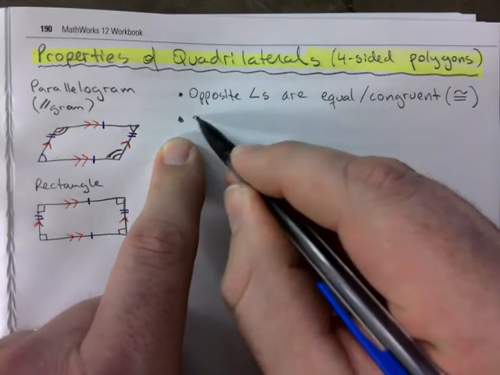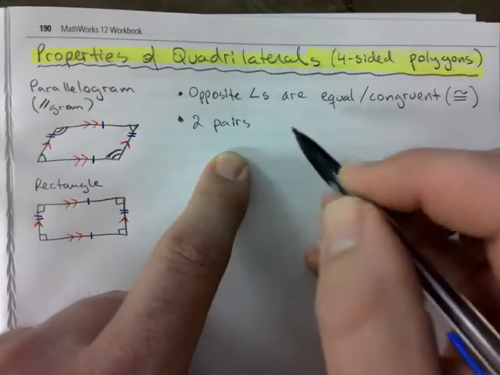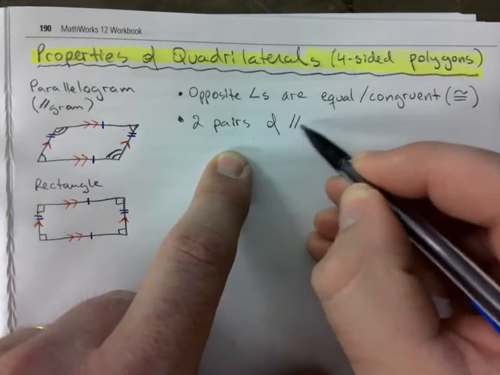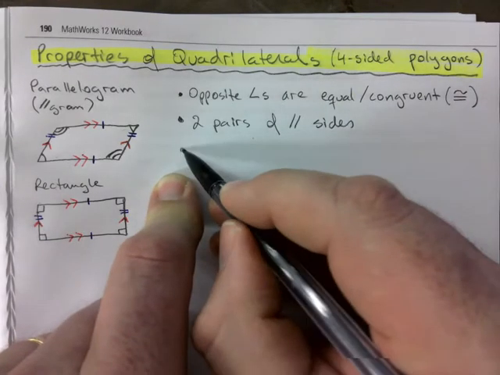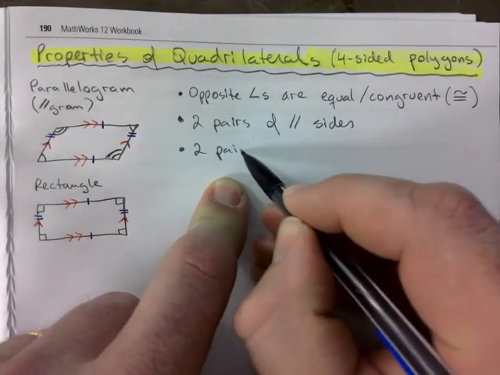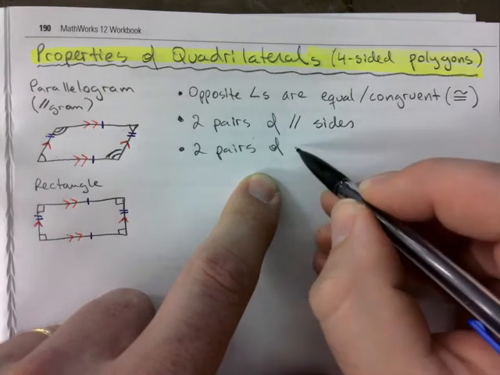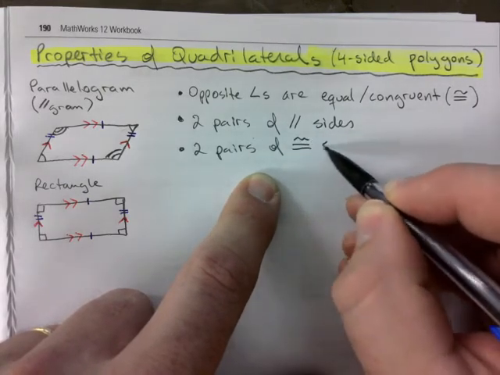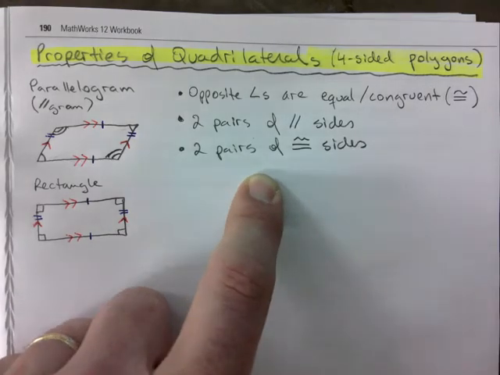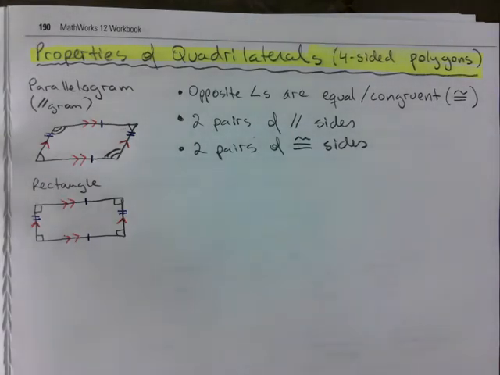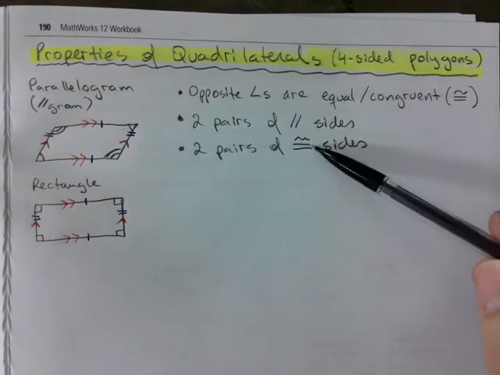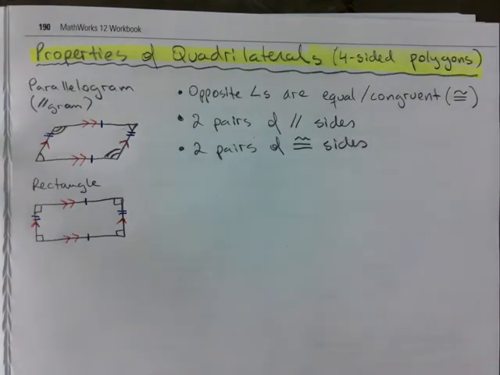Next is two pairs of parallel sides. And the next one is two pairs of congruent sides. So congruent, what I mean by that is they measure the same. They're the same length, right? Parallel means they're in the same direction. They will never meet. So the three properties are right here, okay?